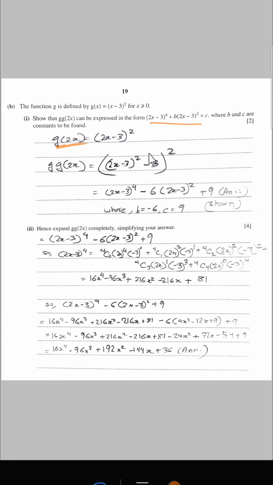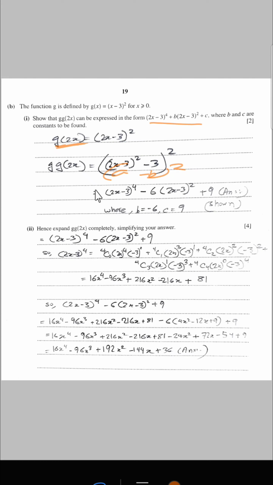Using a minus b square, that is a square minus 2ab plus b square, we get the given expression where b is minus 6 and c is 9. Hence, we now have to expand this expression, that is g of 2x.